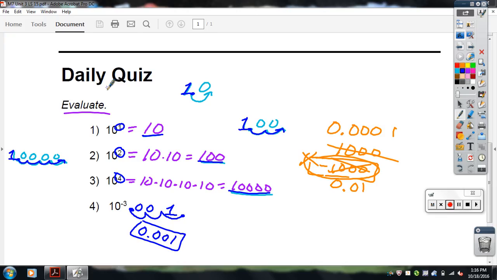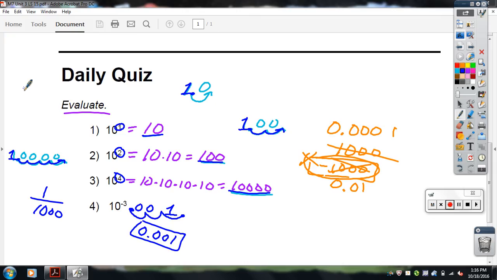So you guys were close. I see where you got 10,000 because you're thinking this is 10,000, but it's 0.001. 1, 2, 3. So it's 1 thousandth.